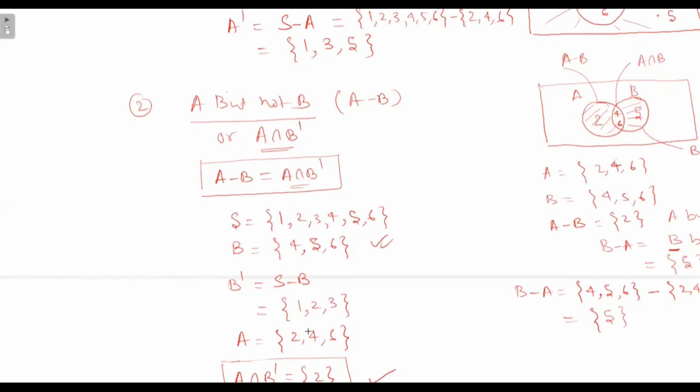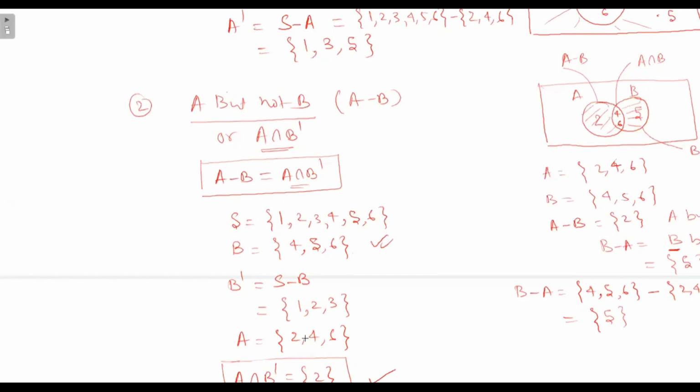Because 4 is in both events. And if I get a 6, A has happened and B has happened both, right? So when I say A but not B, if 2 comes, then event A has happened but B has not happened.